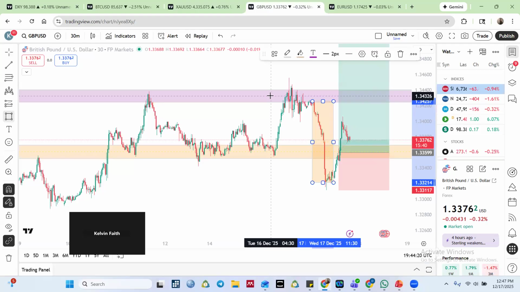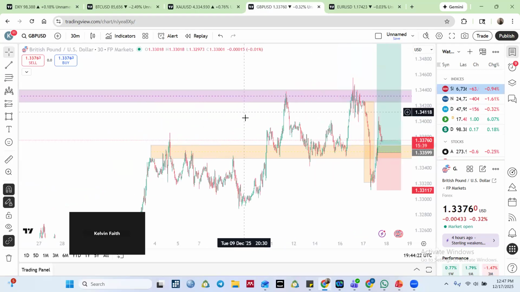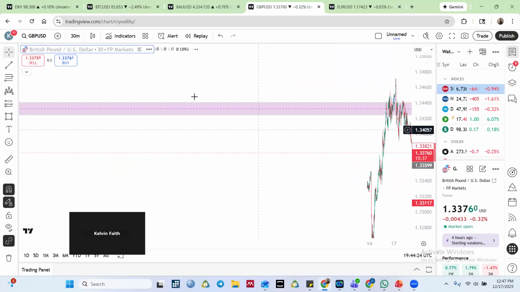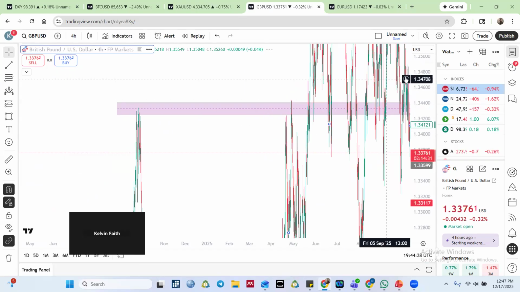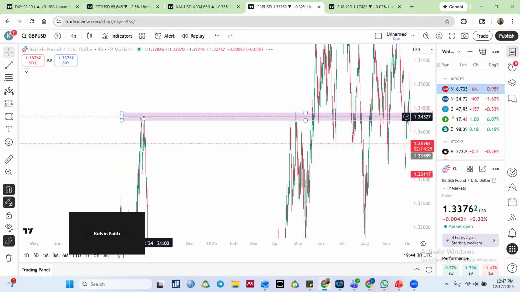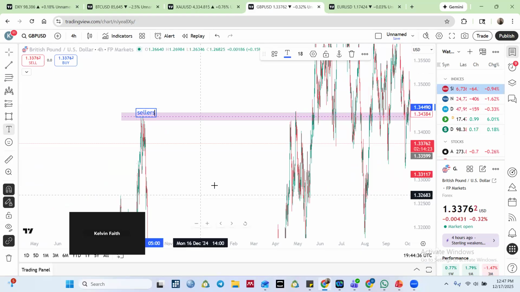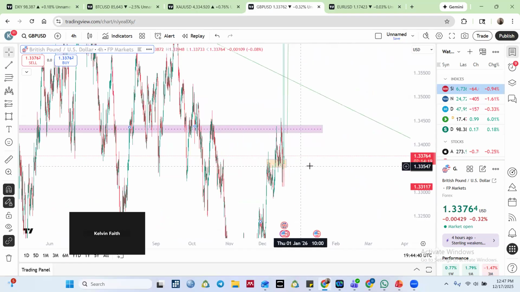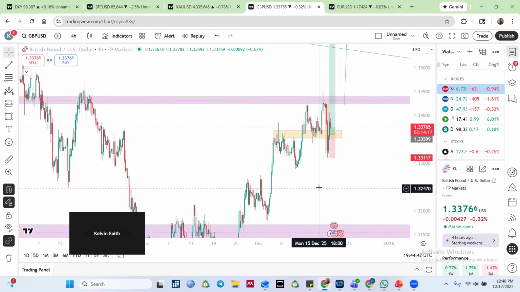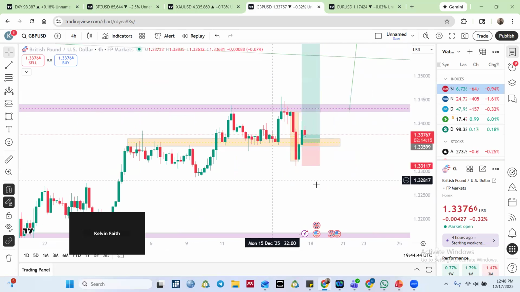It happened at this level where we all identified that sellers were there. So it makes sense for the market to get here and then make this kind of reaction. Do you guys see that?